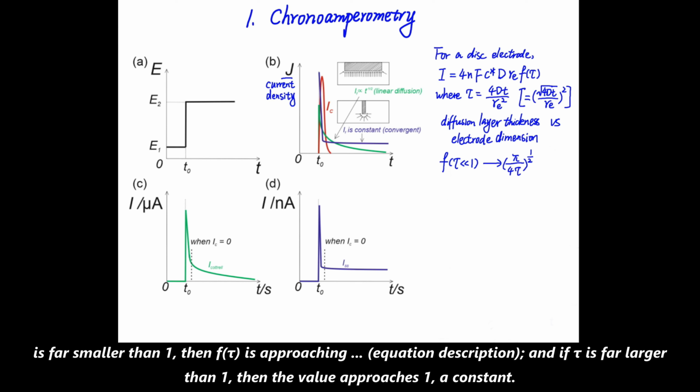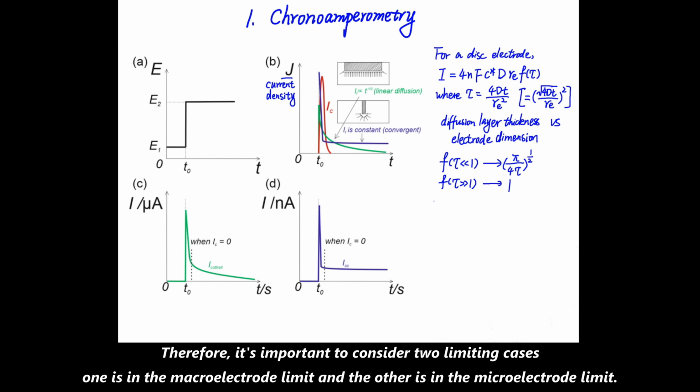So apparently we can see that the magnitude of the diffusion-controlled current would largely depend on how far the diffusion layer has evolved relative to the electrode dimension. Therefore, it's important to consider two limiting cases. One is the macroelectrode limit, and the other is the microelectrode limit.